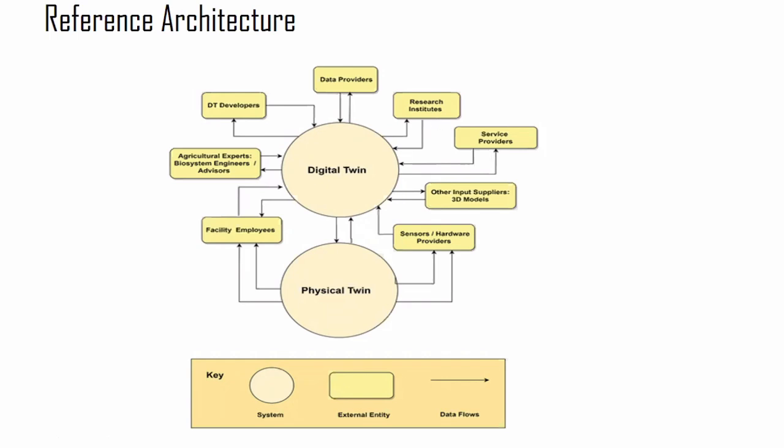For example, one medical institute is there, and we have built one digital twin, and that can be used by providers, in the sense of service providers, I mean doctors, nurses, or any other technicians. They can use this digital twin. They are the users. Another one is the research institutes. Suppose someone is doing some research in that same organization and they need the data. They can also use this one.